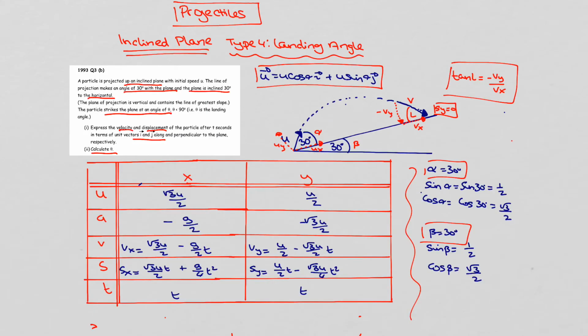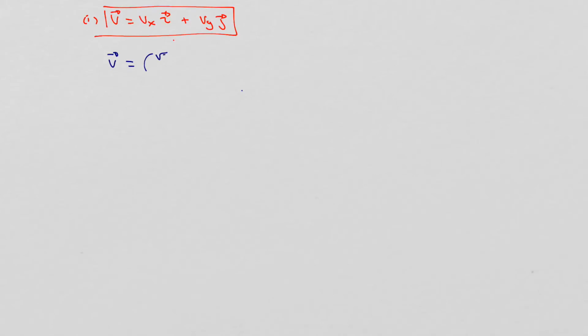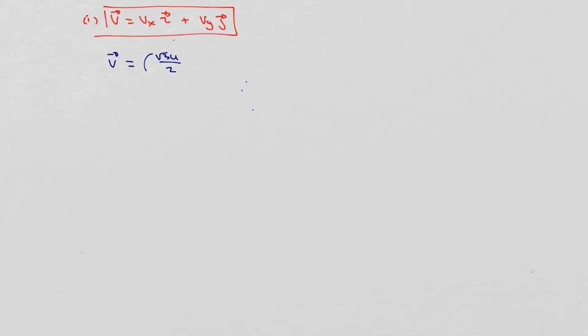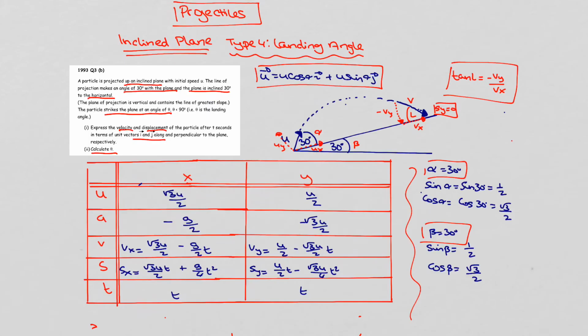We said it was root 3u over 2, and it was minus g over 2 t. So that's in the i direction. Plus in the j direction then, it's u over 2 minus root 3.